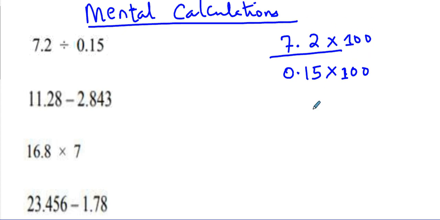How do we multiply that? Ignore the decimal point, write 72, and write 2 zeros for the 100. Count how many decimal places are there: one decimal place here, so count one number from the right, and this becomes 720.0 over 0.15.